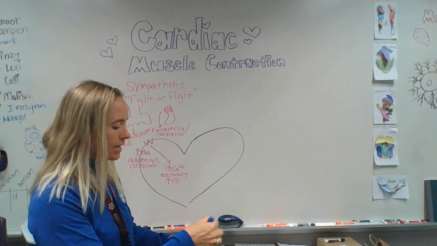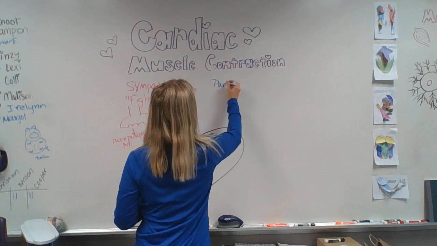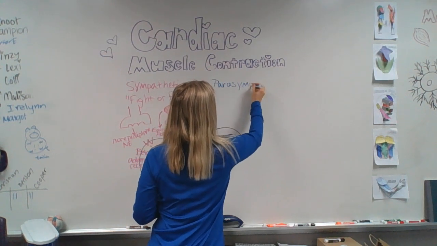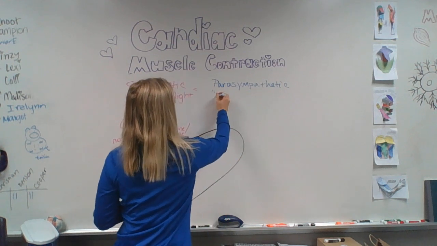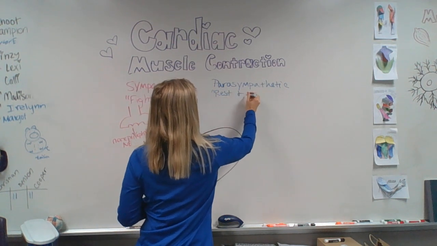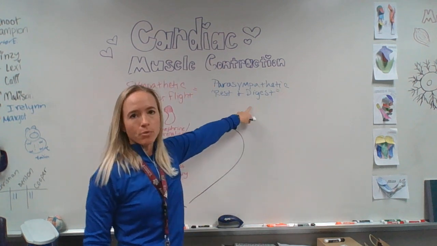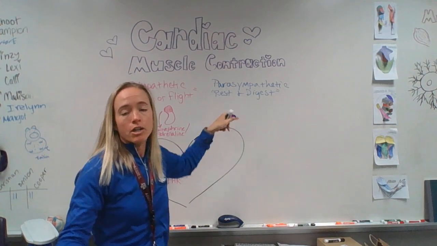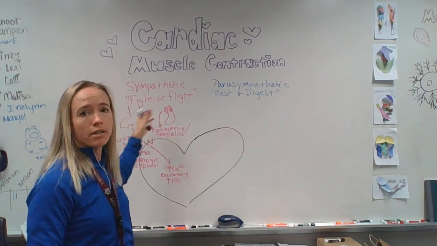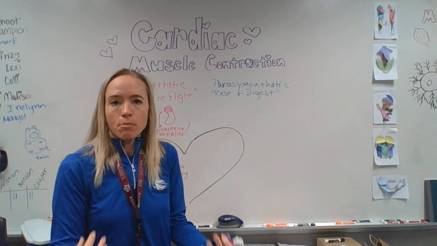Now, our rest and digest nerves are called our parasympathetic. And that is rest and digest, because when we're eating, after we eat a meal and when we're resting, this is the nervous system that's activated. You're either in one of these modes all day long, constantly. It switches between them based on your activity and based on the needs of your body, right?